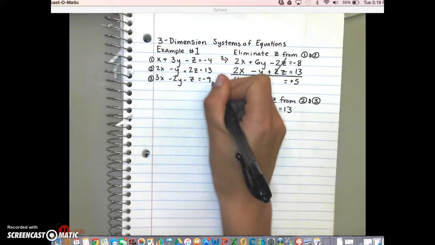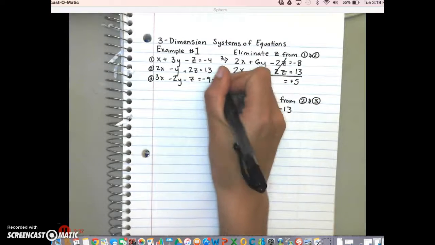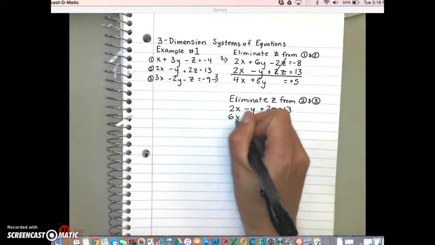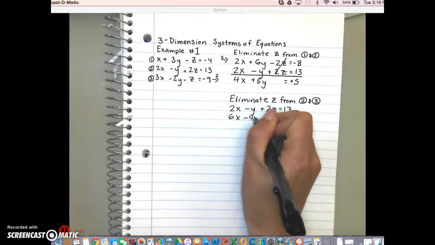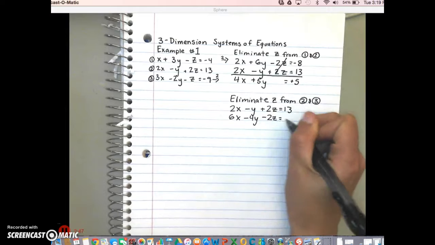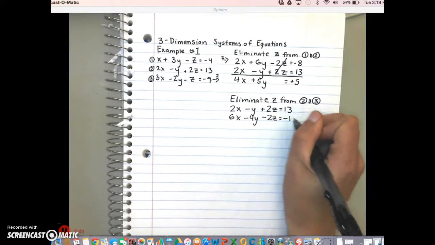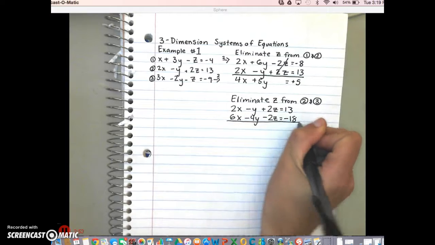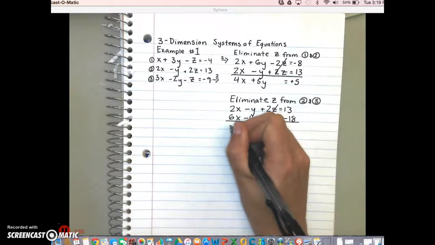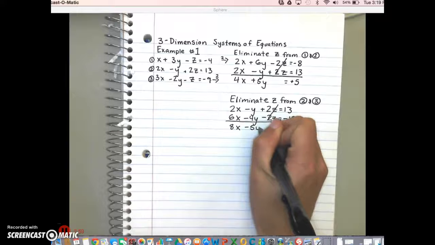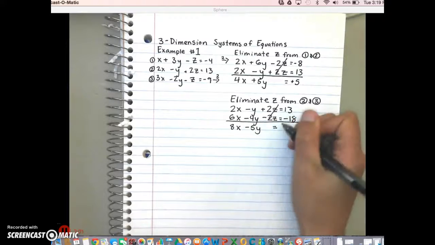And then I'm going to multiply equation 3 by positive 2. 6x minus 4y minus 2z equals negative 18. And when I combine these two, my z's drop out, and I have 8x minus 5y equals negative 5.